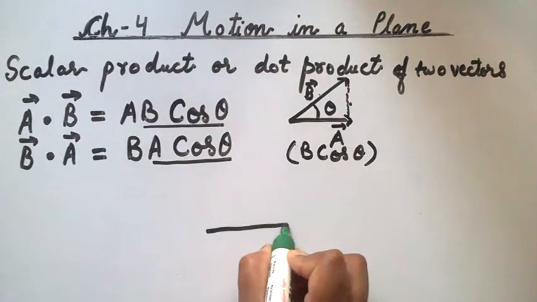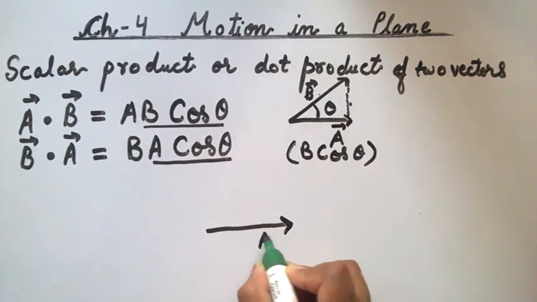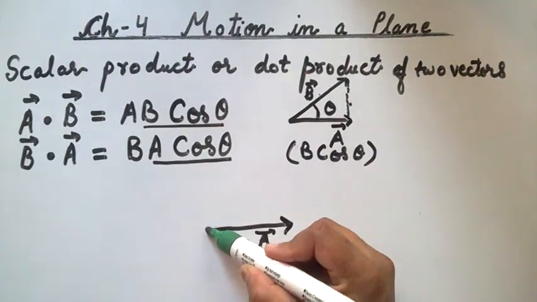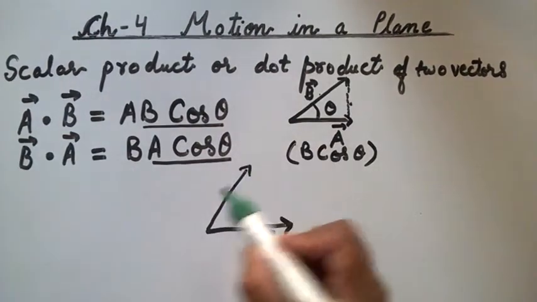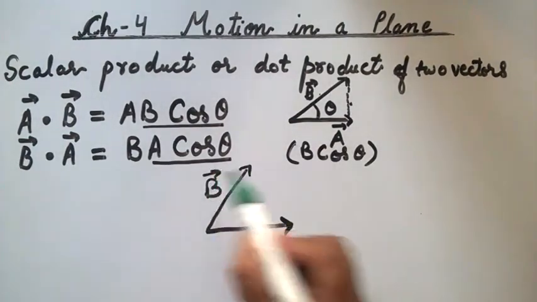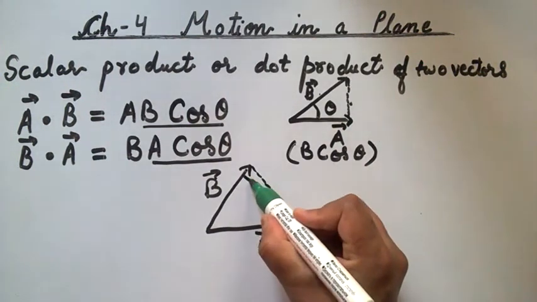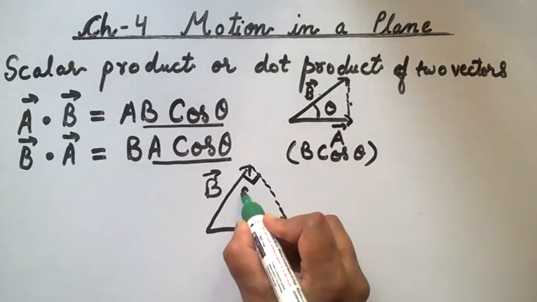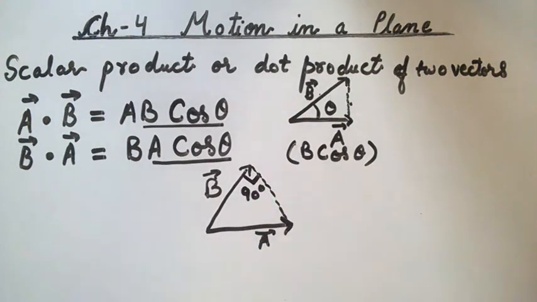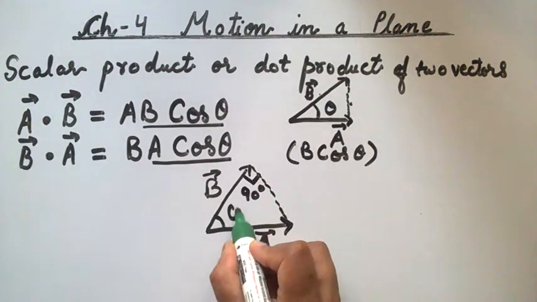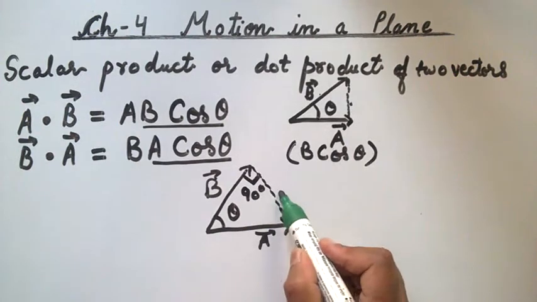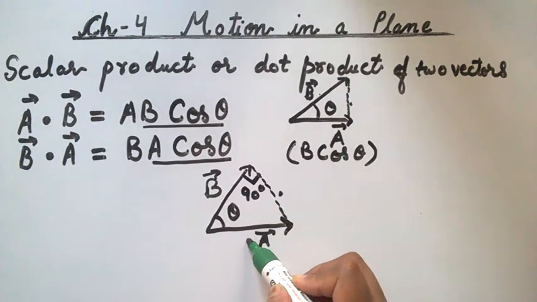This is a vector, vector b, and this is, let angle 90, and this is angle theta. So here it is perpendicular, hypotenuse, and this is base.